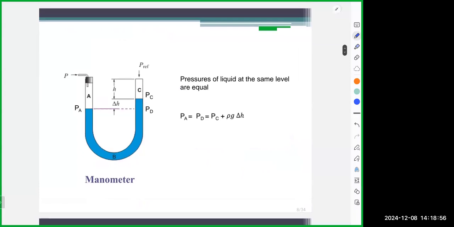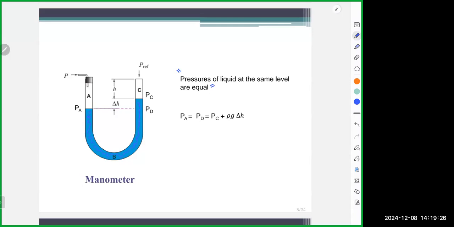So I would like you to see how to calculate for the manometer. Here is a keyword, it's very important: the pressure of liquid at the same level that is already linked will be equal. For example, I would like you to focus on here.